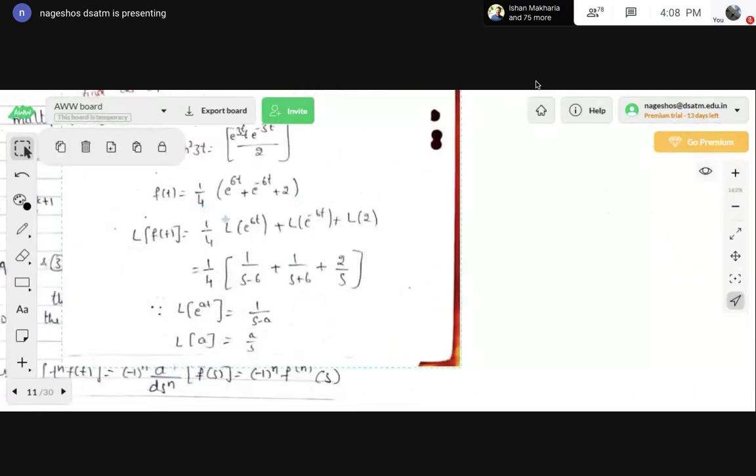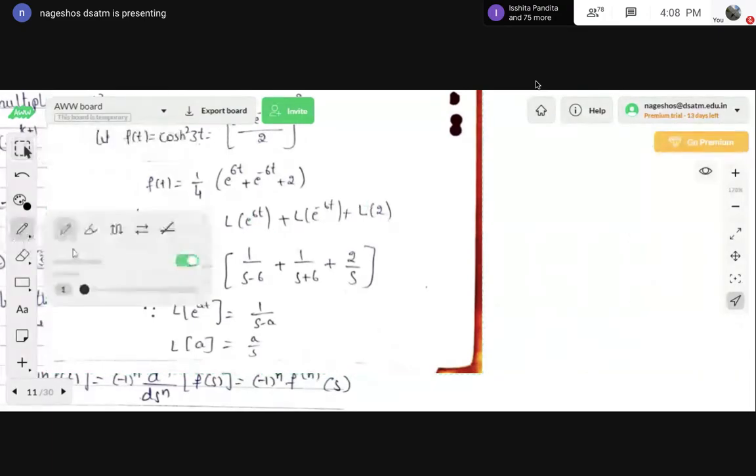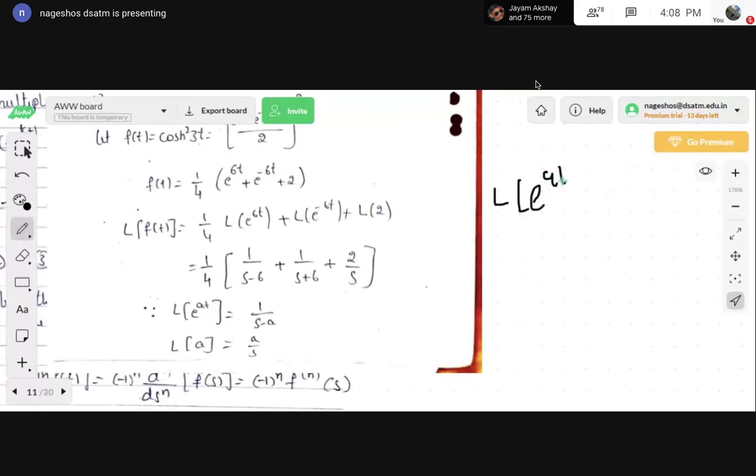Yes. 1 by 4 into the Laplace transform of e power at, which is 1 by s minus a. Use that formula. The Laplace transform of e power 6t will become 1 by s minus 6, because in place of a you have 6.